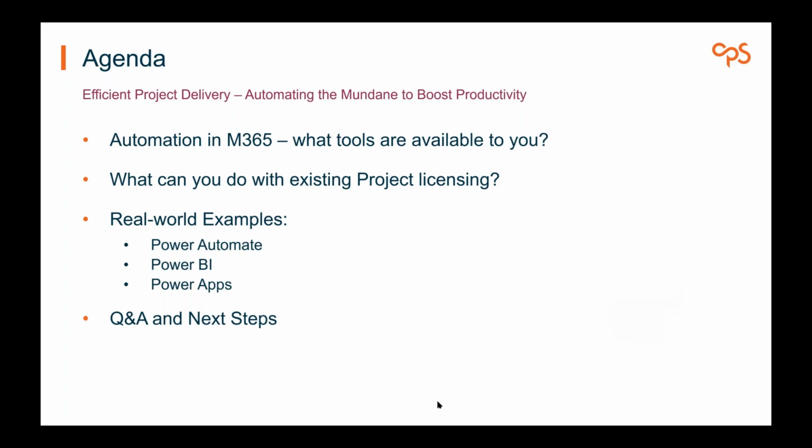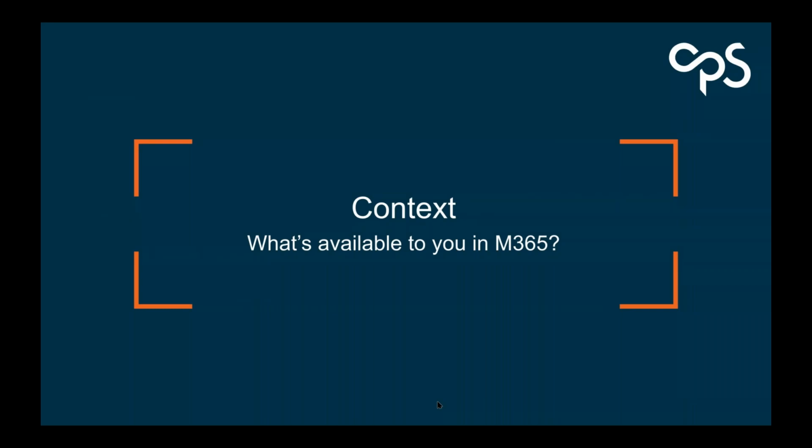Then we're going to look at real world examples such as Power Automate, Power BI, and Power Apps, and how those tools can be used to provide rich experiences to enhance functionality from pipeline management to more comprehensive reporting and other solutions related to project and portfolio controls.